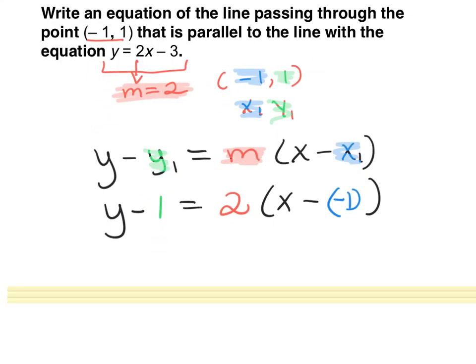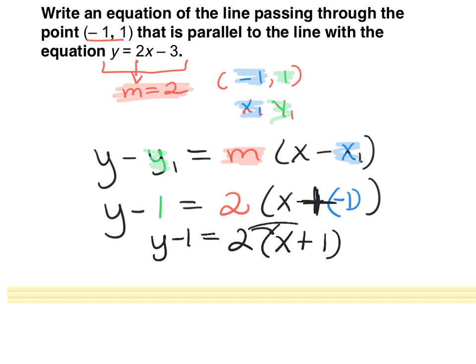Now, I want to get this into slope-intercept form, so I need to distribute. But before I distribute, I'm going to go ahead and simplify this negative into a plus sign. Everybody with me on that? I just turned this into a plus sign and then rewrote everything else. The next thing I need to do is distribute the 2.